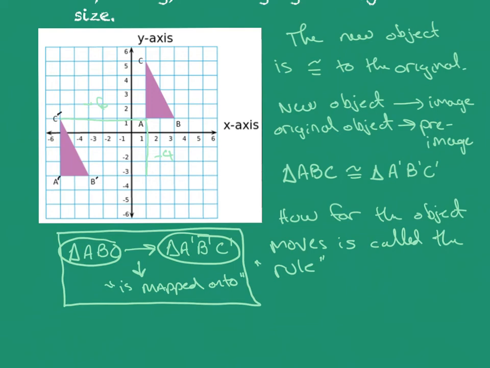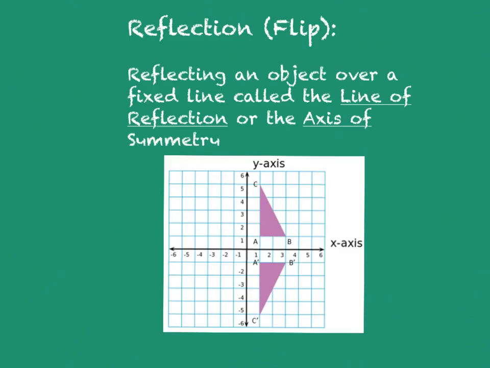Okay, let's move on and talk about the next kind of transformation. The next type of rigid transformation is called reflection or flip. And here we're taking an object, the pre-image, and reflecting it over a line called the axis of symmetry, also known as the line of reflection. Now, these might at first look just like a slide. I mean, it appears that A was moved vertically -2 units and B was moved -2 units.